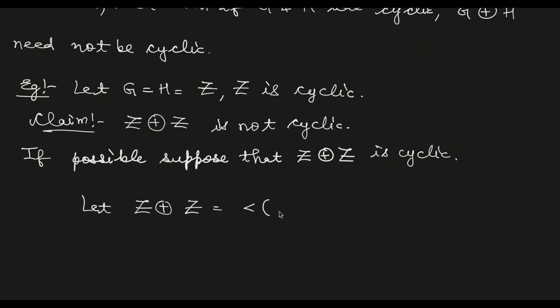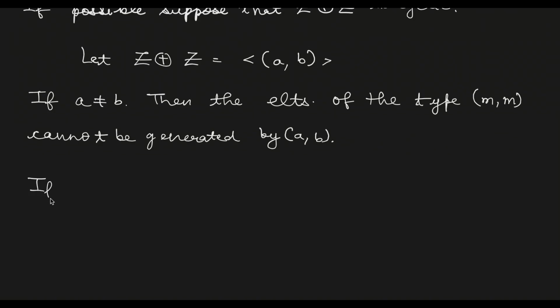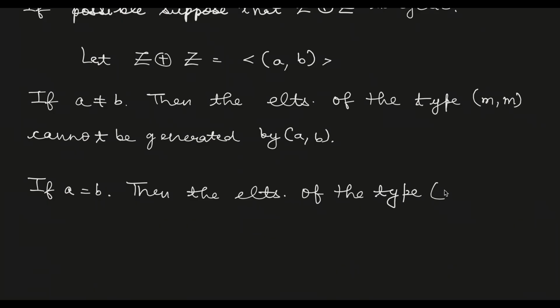So we take its generator as the ordered pair A comma B. If A is not equal to B, then the elements of the type M comma N cannot be generated by A comma B. And if A is equal to B, then the elements of the type N comma M, where N is not equal to M, cannot be generated by the ordered pair A comma B.